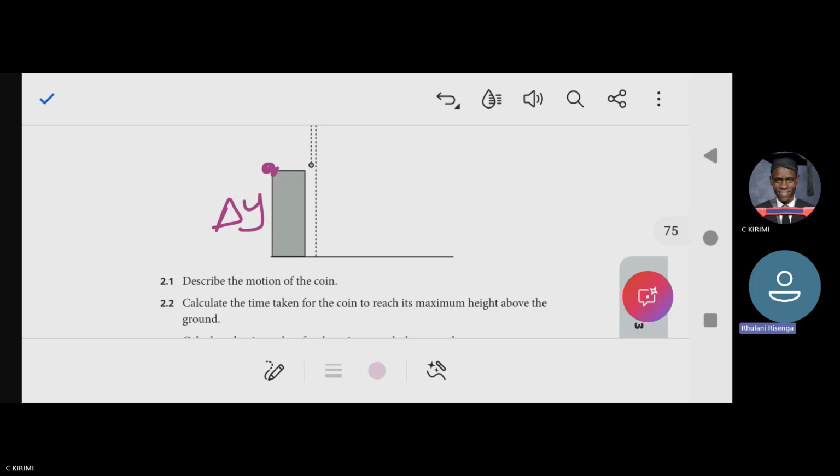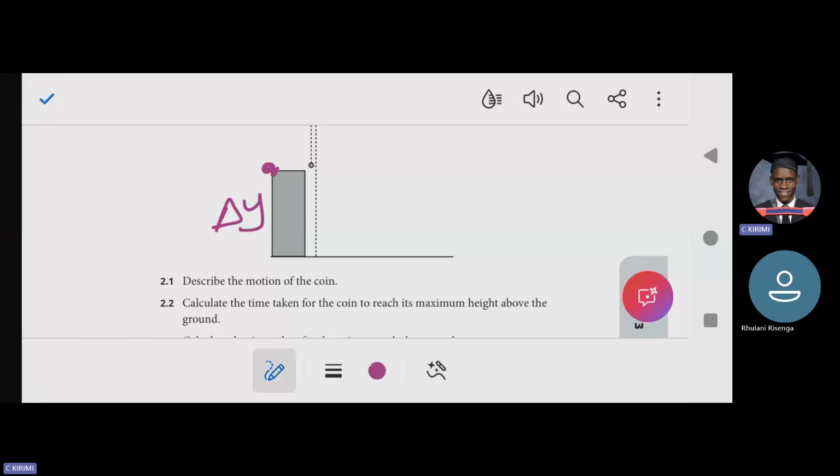And our acceleration, if we take upwards as positive, is going to be negative 9.8. Calculate it and tell me what delta T is. That's 1.53 seconds. Yes, that's correct.